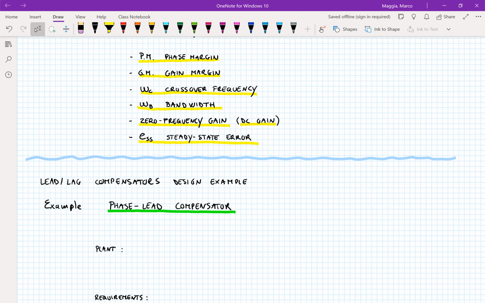So we're going to have the same plant with the same requirements. We just want to meet the same requirements using first a lead compensator and then a phase lag compensator. You'll see that we're going to meet the requirements, but we're going to tackle the problem from two different points of view.